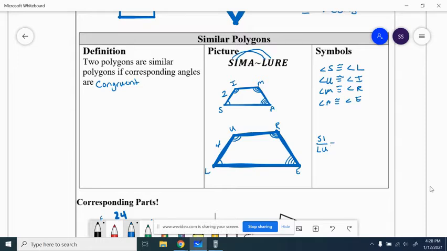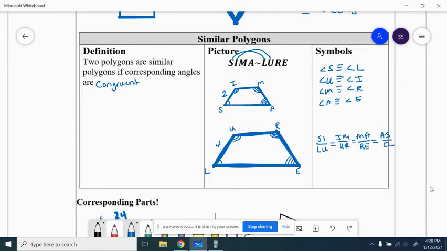And this will be true with all of our side pairings. So IM will be proportional with UR, MA will be proportional with RE, and AS will be proportional with EL.